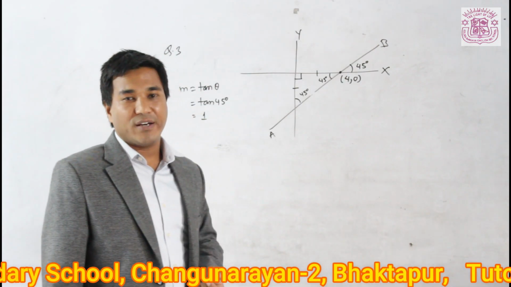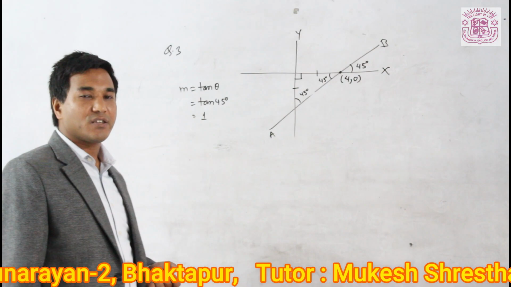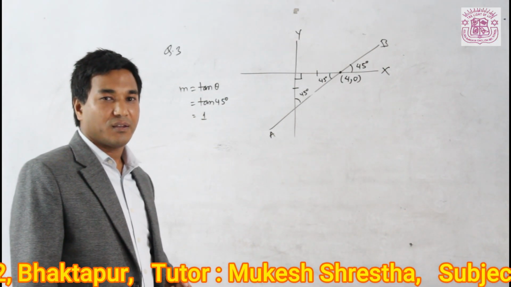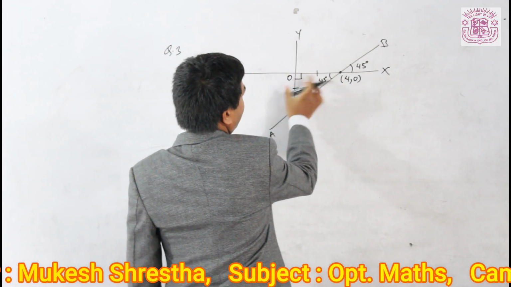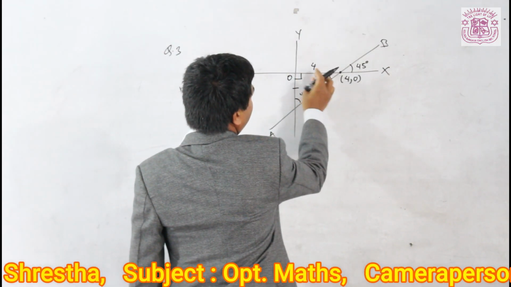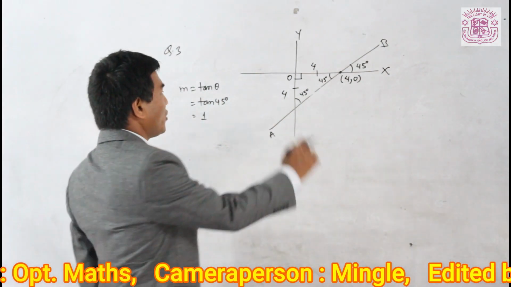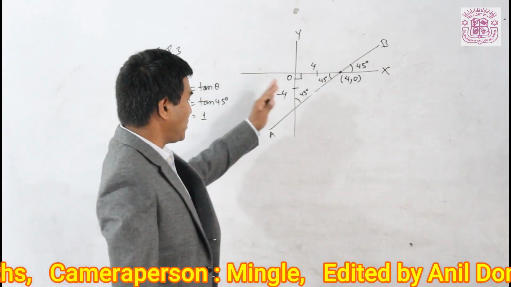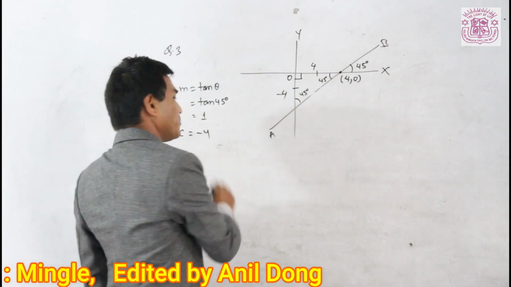So what about the y-intercept? How can you find the y-intercept? That's also simple, because the distance from the origin to the x-intercept is 4, so this is also 4. You have to use a minus sign over here because it is in the negative y direction. So the y-intercept here is minus 4.